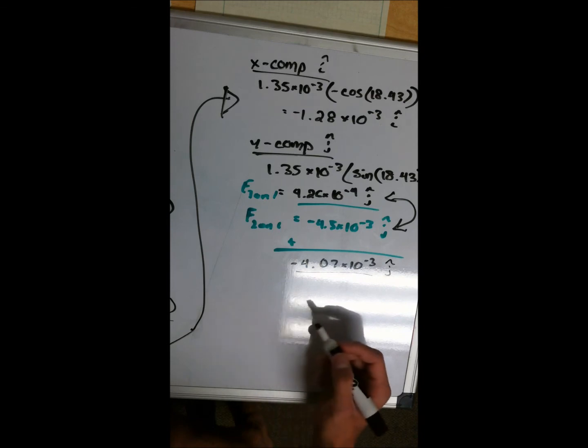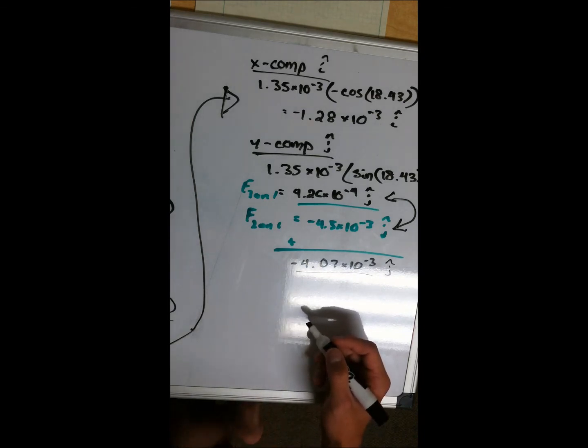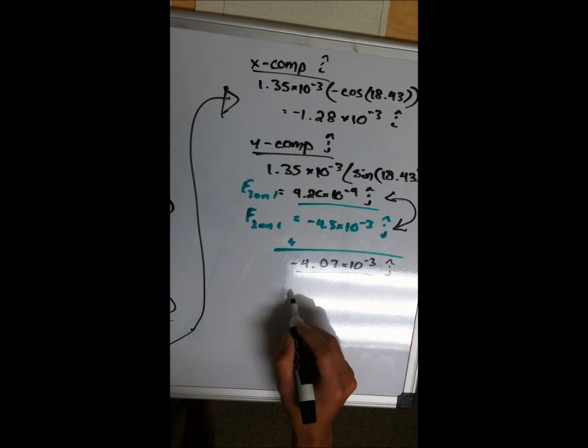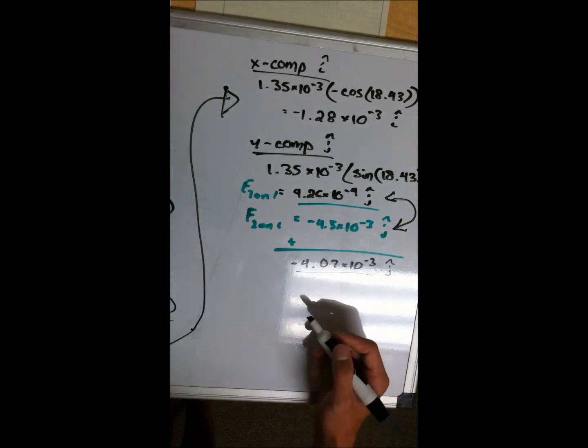And we already know there's only one value going in the i hat direction, the x component direction. So with that we have negative 1.28 times 10 to the negative third that we just solved for.